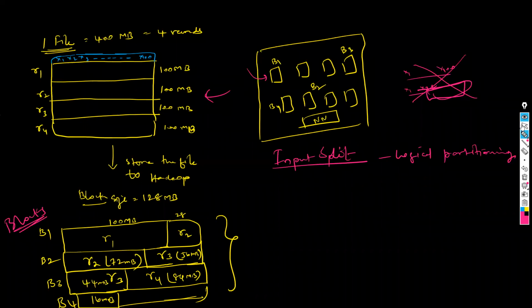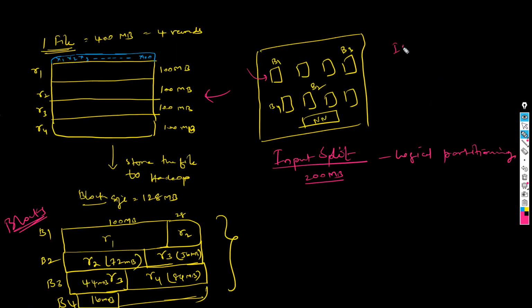What we do in logical partitioning is, let's say I decide, based on the data that we are dealing with, that my input split should be 200 MB. We decided that, right? Remember, input split works on the physical blocks to create the logical partitioning for us to run the map jobs.